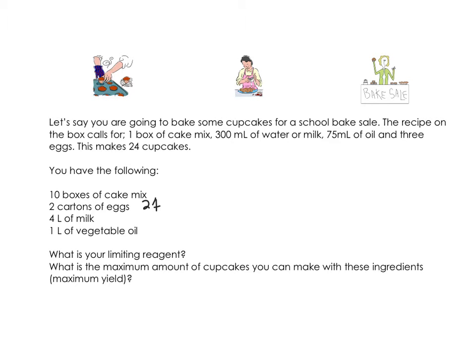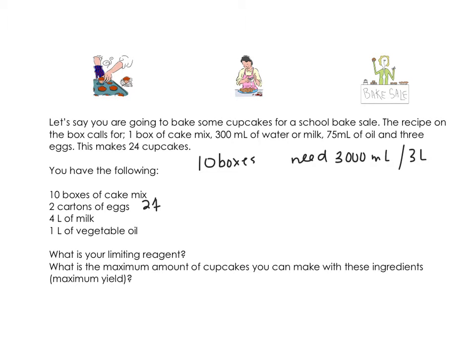So if you want to make 10 boxes of cupcakes, how many eggs, milk, and oil will you need? Well, it says we need 300 milliliters of water per box. 10 boxes, so we need 3,000 milliliters or 3 liters of water or milk.